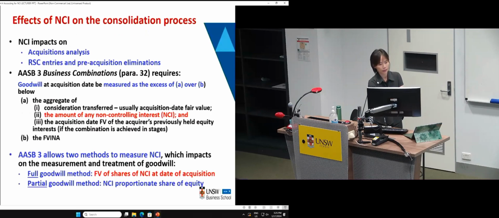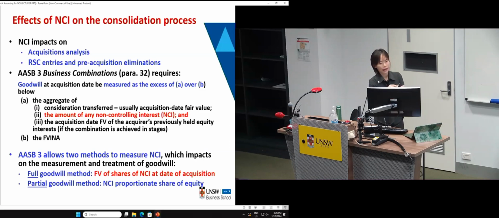Well done. Now let's look at the effect of NCI on your consolidation process. So in the consolidation process, what is the first step? Preparing the acquisition analysis, right? So we would like to know how the existence of NCI is going to affect your acquisition analysis. Is there any impact on the recording entries and pre-acquisition elimination entries?